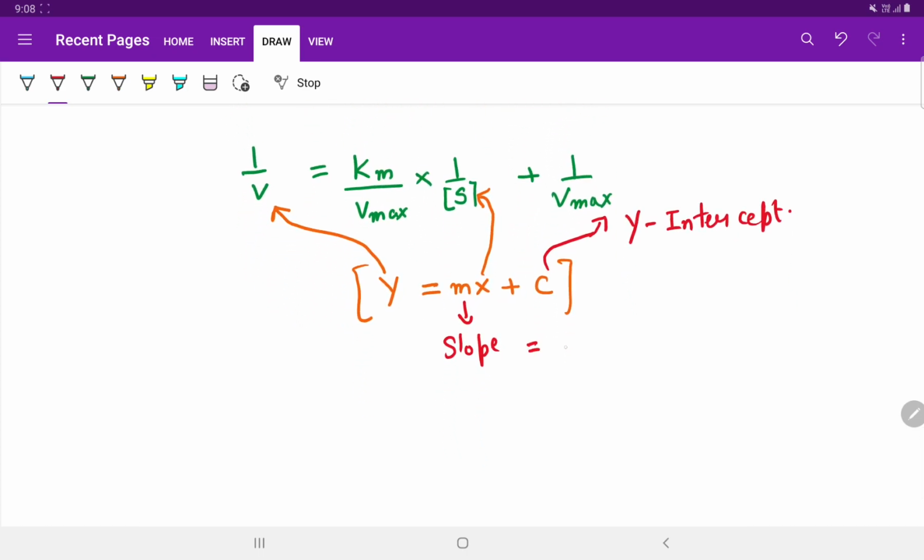So the slope will be equal to Km upon Vmax.